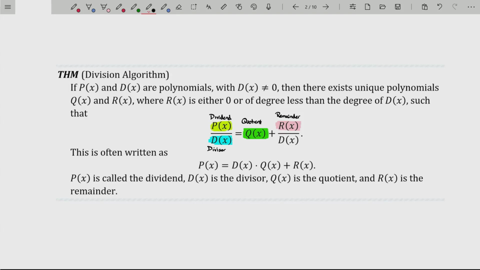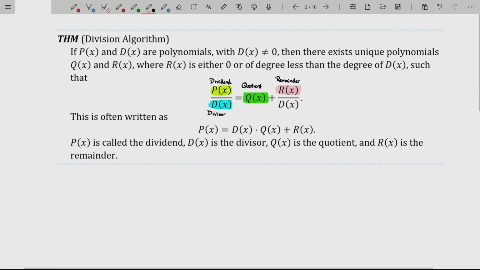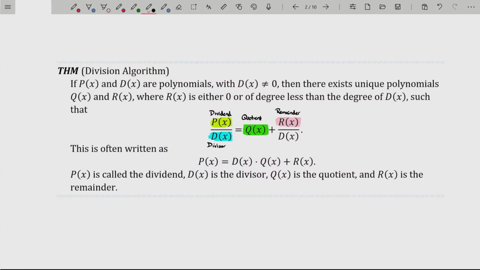Then it is true that there exist unique polynomials, one called the quotient and one called the remainder, where the remainder, this guy right here at the very end, is either 0, because it could be that D divides evenly and perfectly into P. If that's the case, you just don't have a remainder. That's like saying 2 divides into 12 6 times with a 0 remainder, right?